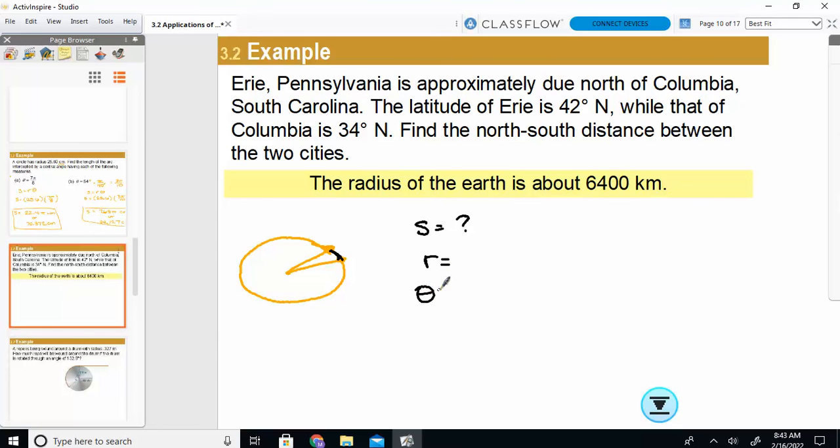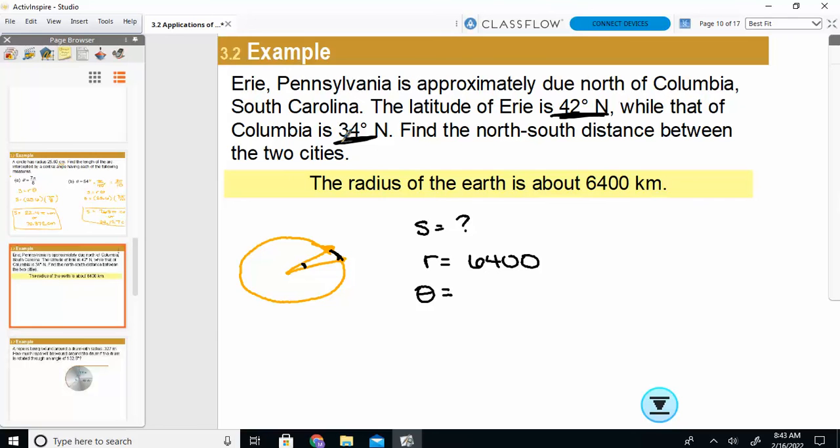We need R and we need theta. What is my R? 6,400. Okay, theta. I gave you a couple different measurements here. If I want the angle here, I need the angle between the two of them.